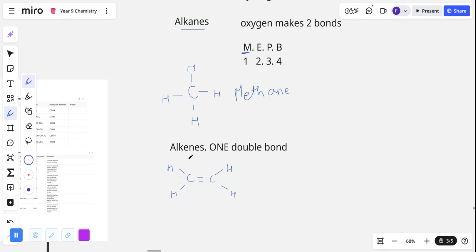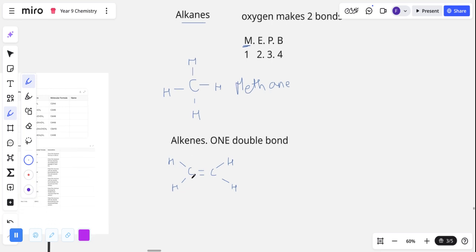Just remember to count to 4. I've had year 13s, and even I, last week, had 1 carbon with 5 bonds on because it happens. I was correcting someone's work, wondering why the hydrogens weren't adding up, and it's because we had 1 carbon with 5 bonds on it. You just sometimes don't count. So this is an alkene.